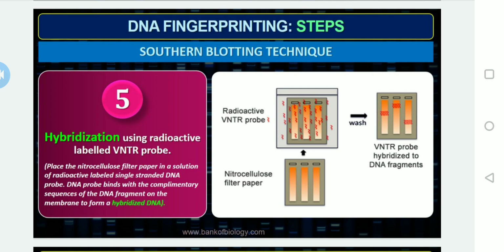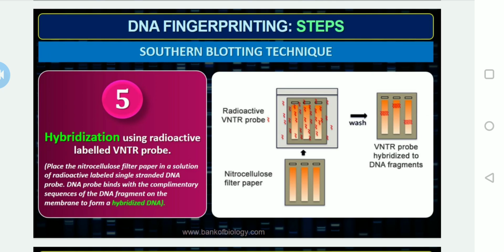Are you getting what I am telling? This is very easy, so try to understand. After the extraction of the DNA fragments by the Southern blotting technique, we have to do the hybridization using radioactive labeled VNTR probe. It is also known as tagging radioactive DNA probes. During this step, the nylon mesh containing single stranded DNA fragments is incubated with radioactive probe.